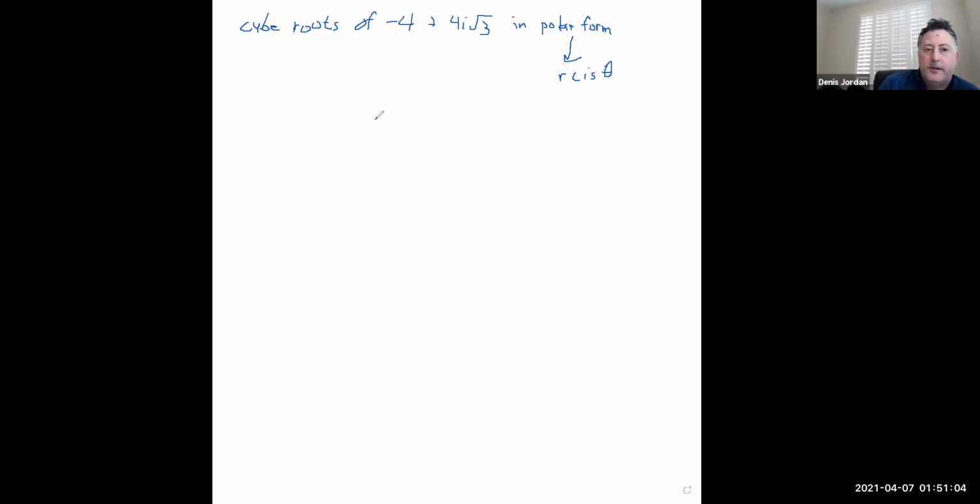No. Can we take 4 outside and find the x and y and try to do tangent of x and y and find the theta? So like factor 4 out? Yes. Yeah, you can totally do that.